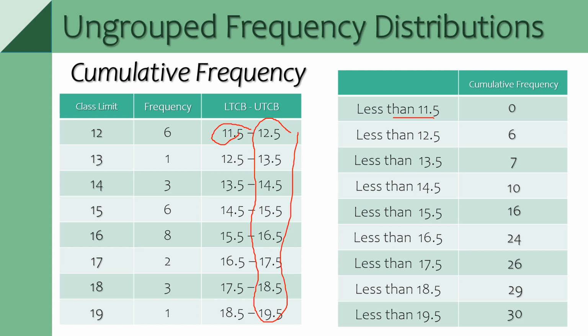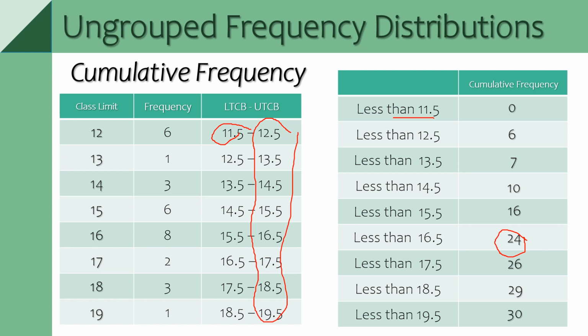Ngayon, paano natin yung interpretation at analysis natin dyan? Okay, for our analysis, we can say that 24 SUVs have less than 16.5 MPG, miles per gallon.